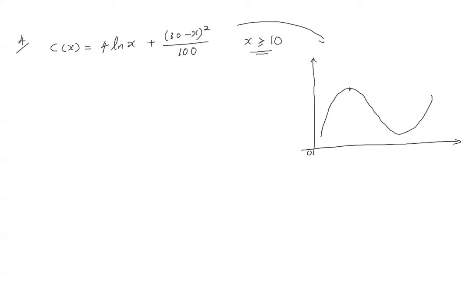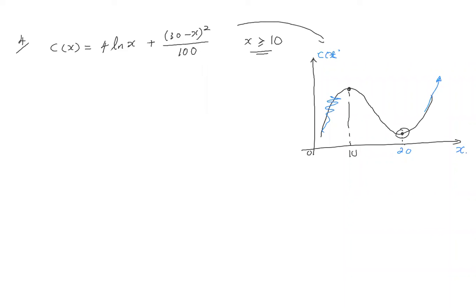You see, at 10 it is a local maximum, and this is a local minimum. So that's why they put a margin here, so this part is not there. So the local minimum here, at 20, is also the global minimum. You try to plot the graph and have a look at it. So this is your C(X), and this is X.